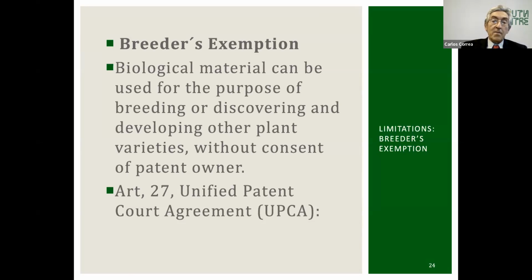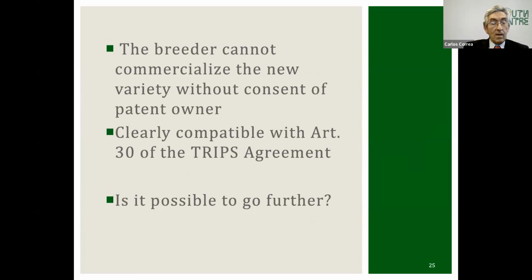But there is a difference between this exception and the exception under plant variety protection. The difference is that under plant variety protection, the breeder's exception allows the new breeder to do research, to do breeding, and then to commercialize the new variety, except, in the case under the 1991 Act, of the so-called essentially derived varieties.